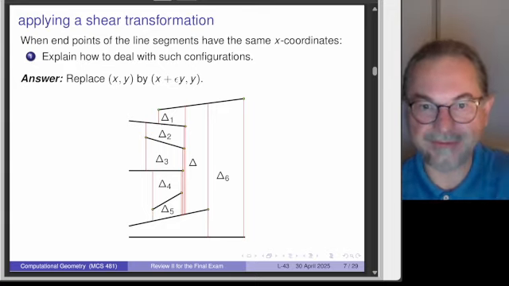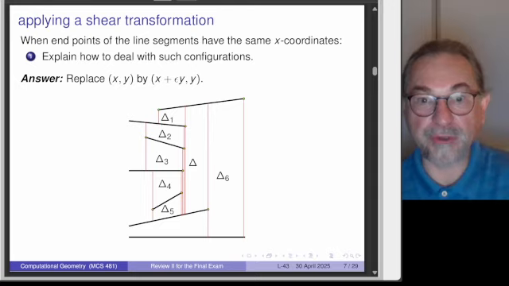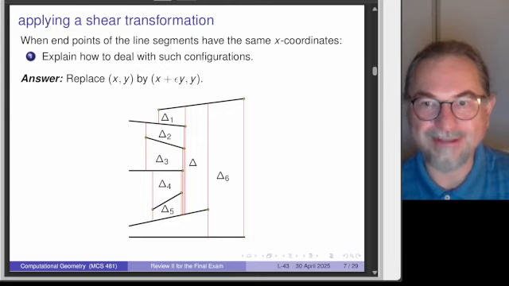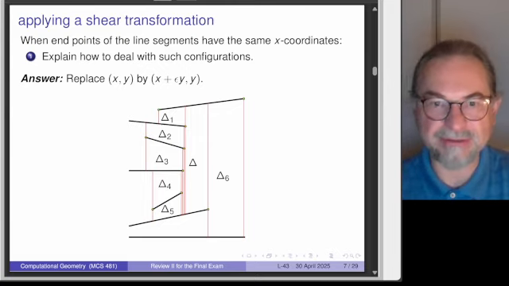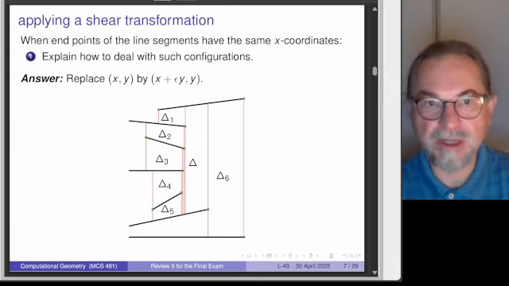Although you could say that you still see these delta 1 to delta 5, you have delta 1 and this very tall and skinny trapezoid just under delta 1 and right next to the trapezoid delta. So this is a shear transformation.